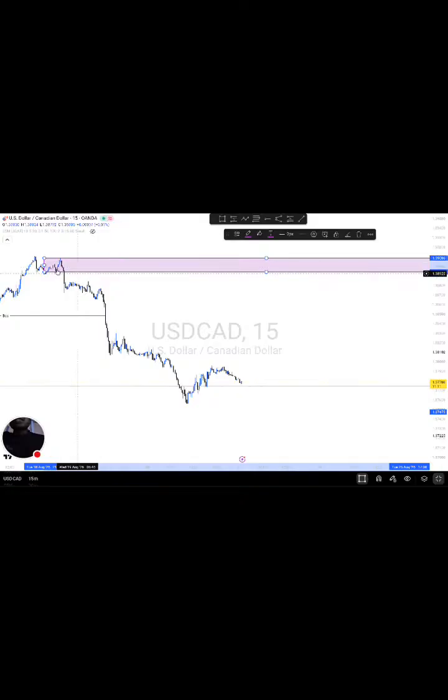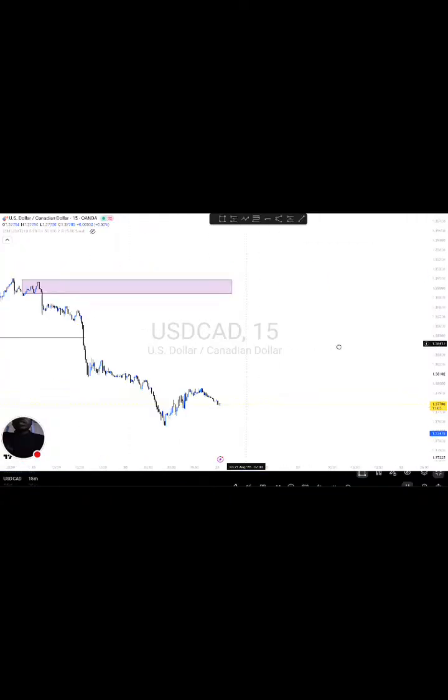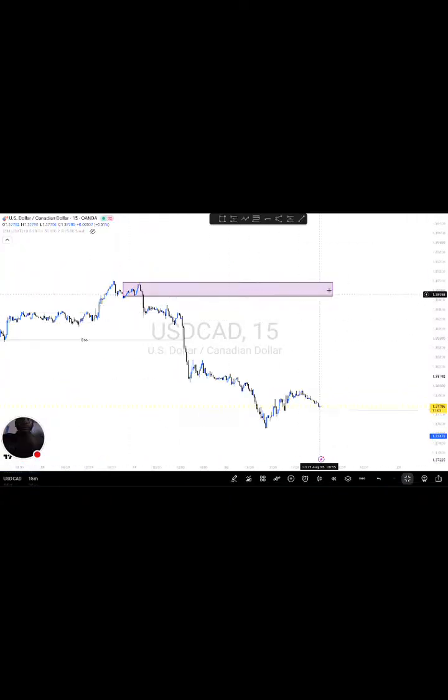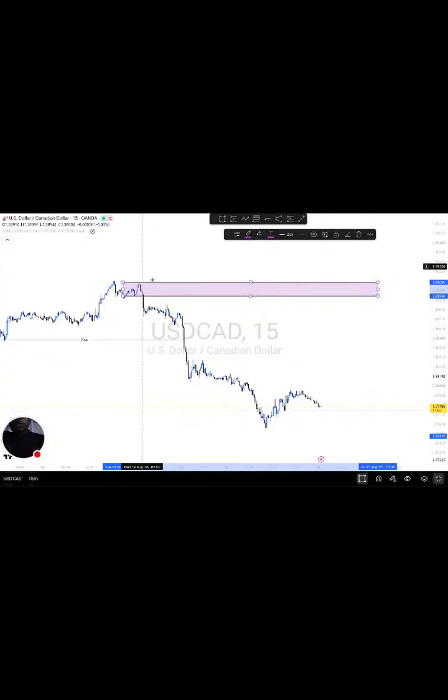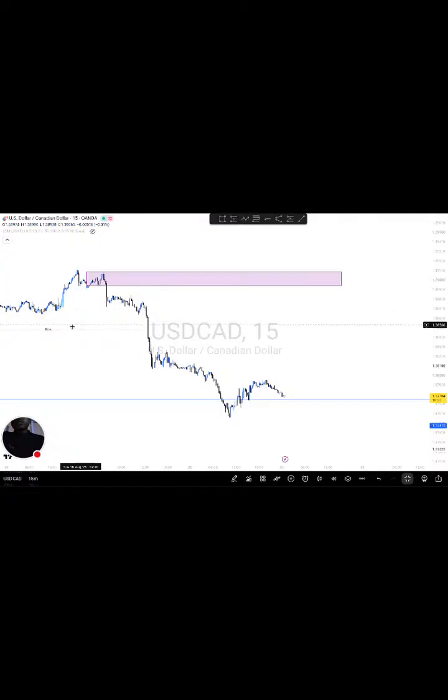I will mark this level, mark everything as my point of interest. You can see that is the origin where the order block actually came from. That is my origin, and I will just mark everything as my POI because the order block is very small, and so I will just mark everything here as my point of interest.